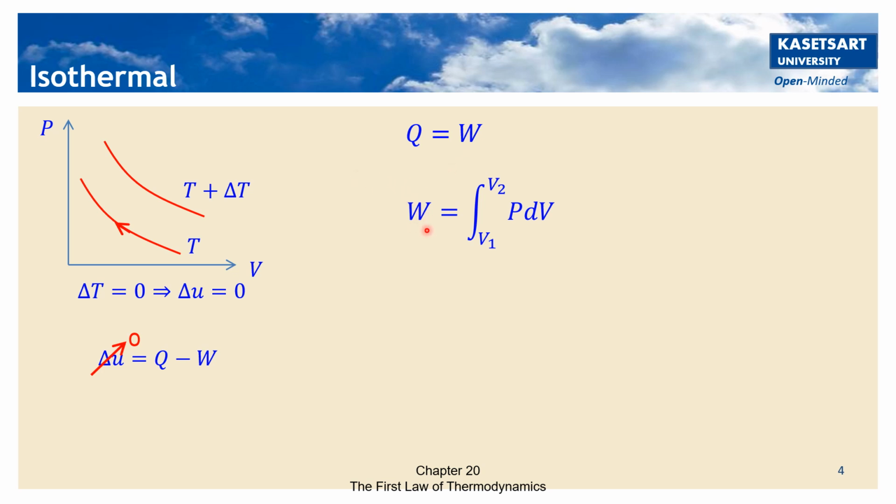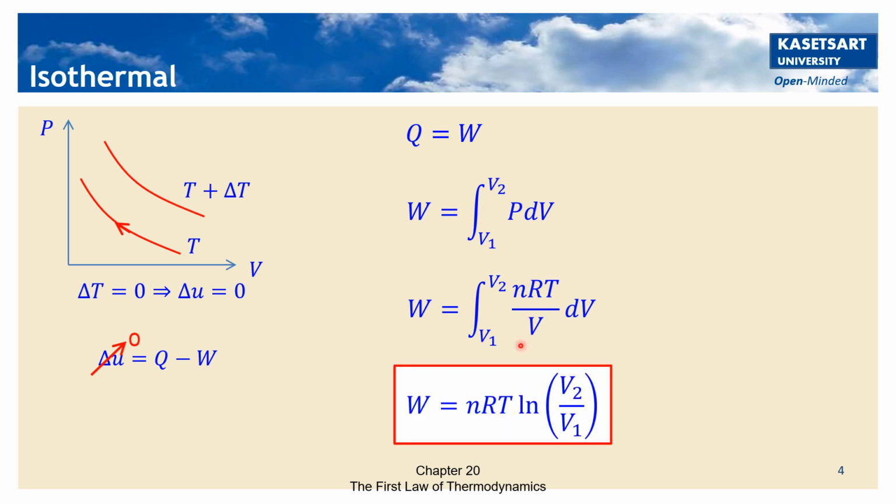From the definition, work equals the integral of pressure times dV. We put P equal to nRT over V from the ideal gas model. Then you can determine the work from the isothermal process equals nRT ln(V2/V1).